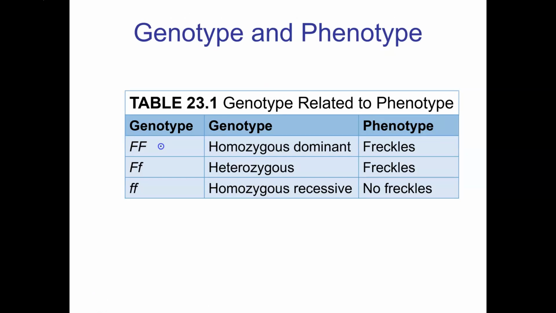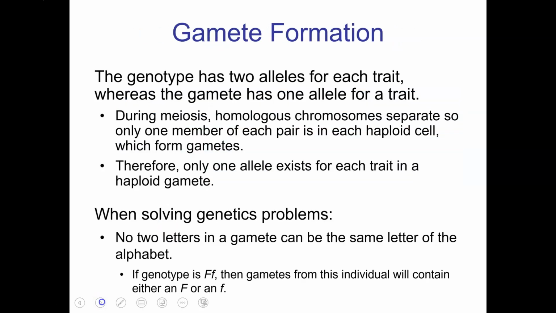This is just a table that shows if you're homozygous dominant, then you have two big Fs and you have freckles. If you're homozygous recessive, you have two little f's and no freckles. If you are heterozygous, then you have freckles, but you also have that alternate recessive allele that you can pass on to your children. So you can potentially produce an offspring that is freckleless, or no freckles. A genotype has two alleles for each trait. A gamete has only one allele for each trait.